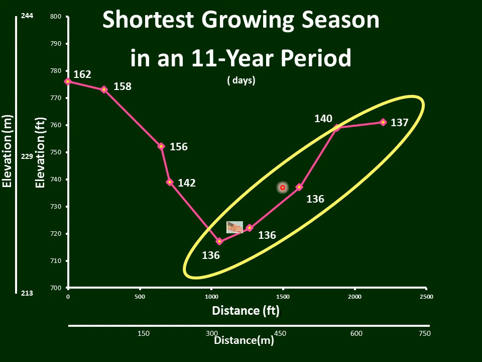And then just like this location here getting down towards the bottom of the valley, this one too, and here we are in the bottom of the valley. So 136 days of growing season. Wow, that really doesn't make for maturing a crop. You'd better have a very short season, early maturing variety there if you're going to have any chance whatsoever.